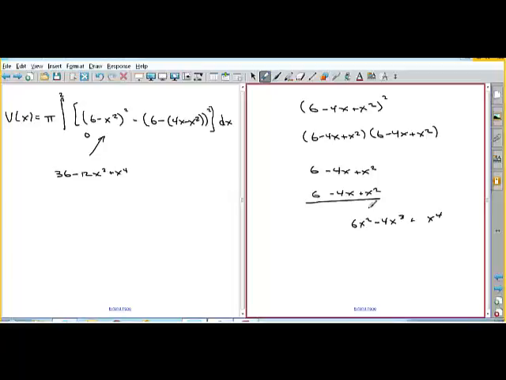And then I go to the next number, and I'm going to put the first entry in this column. So you get negative 4x times x squared, which is negative 4x cubed. And then you get these two multiplied together, which is going to be positive 16x squared. And then 6 times negative 4x, which gives me negative 24x. And then finally, I'll get 6x squared, 6 times that, which is negative 24x, and then I'll get 36.